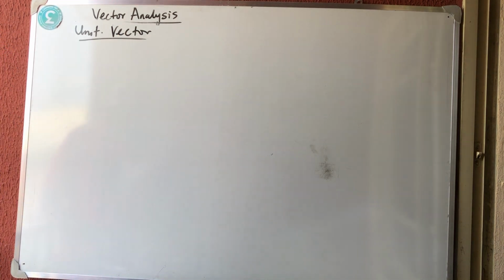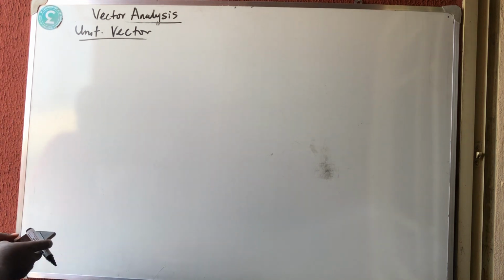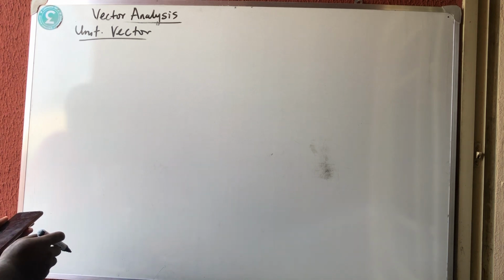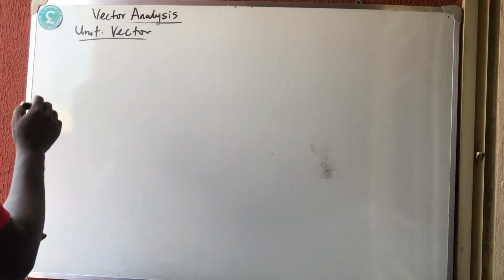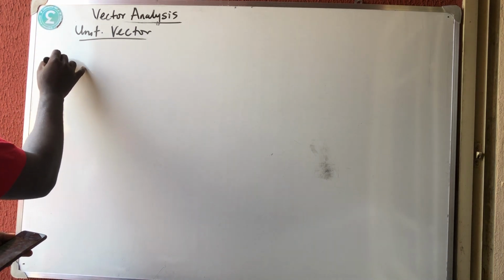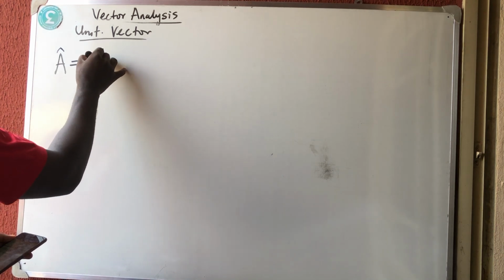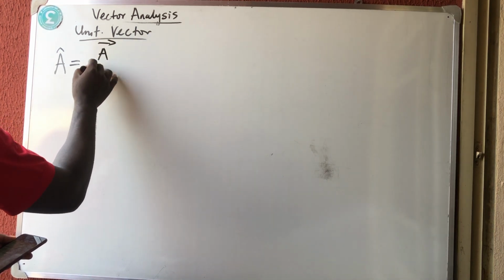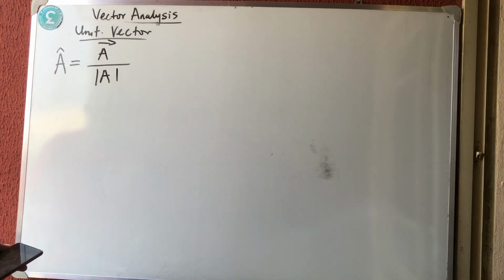We represent the unit vector with a cap. So the unit vector of A, represented like this, is equal to that vector itself all over the magnitude of that vector. As simple as that. It's a very simple formula.